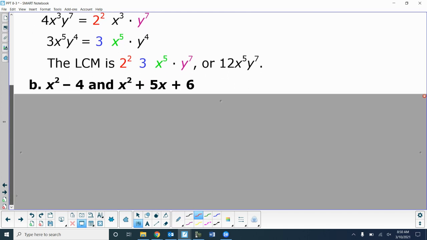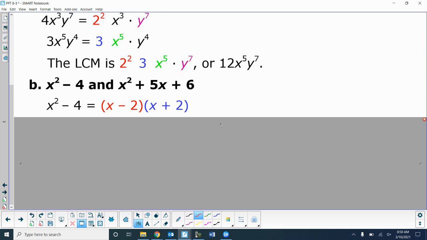How do I factor this left one? What do we call that? Difference of squares. How do we factor it? Right, x plus 2, x minus 2. Square root of 4 is 2, right? Square root of x squared is x, right, Nicole? Plus and a minus.